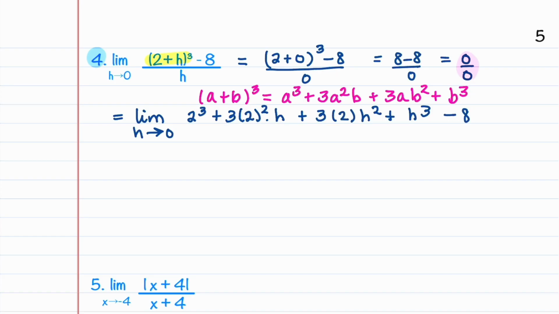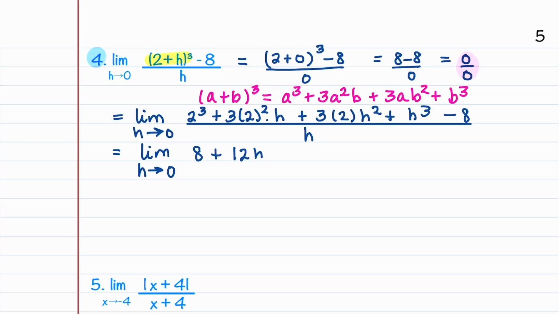All of this gets divided by h. Now let's go ahead and simplify. This is the limit as h goes to 0. We have an 8 plus 4 times 3 is 12, so we have a 12h plus 6h squared plus h cubed minus 8, all divided by h.